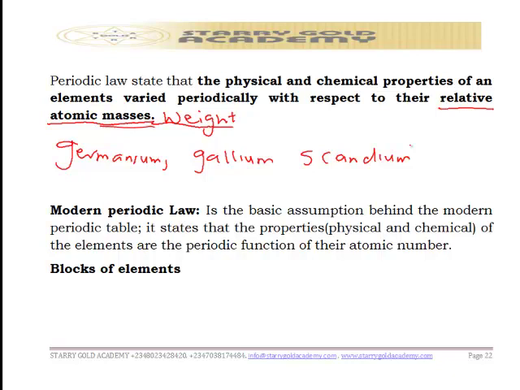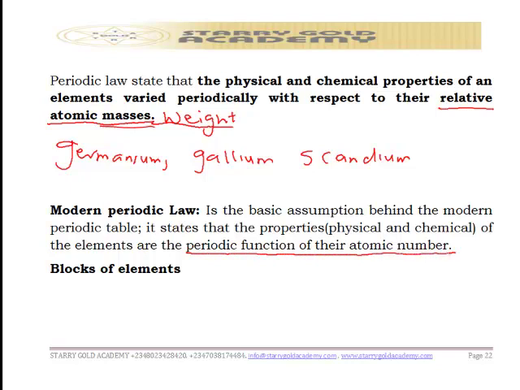Now the modern periodic law is a basic assumption behind the modern periodic table. The modern periodic law states that the properties, the physical and chemical properties of elements, are a periodic function of their atomic number. Please note this: the periodic function of their atomic number.